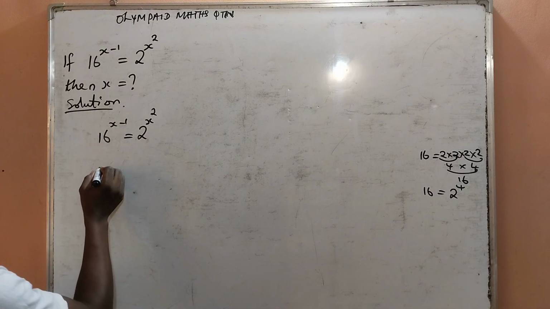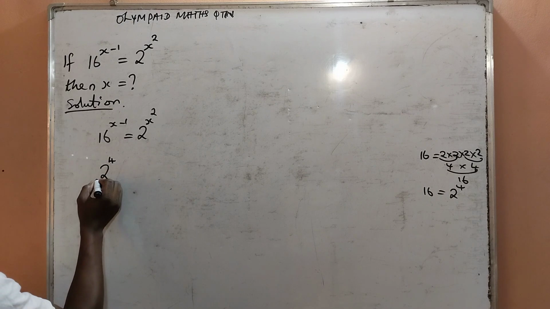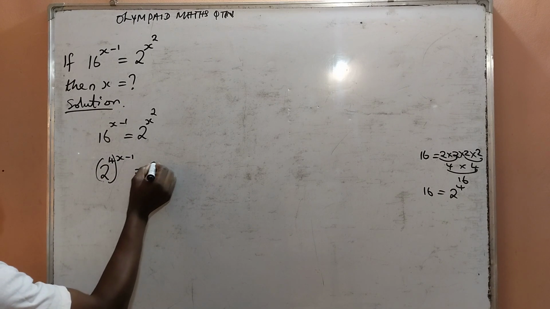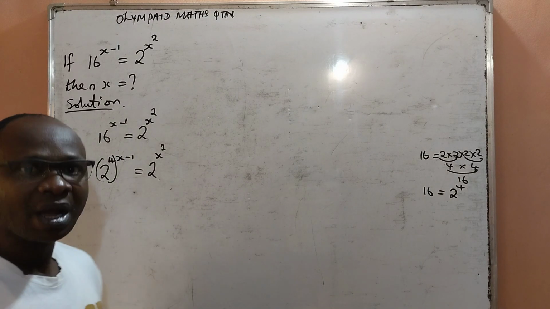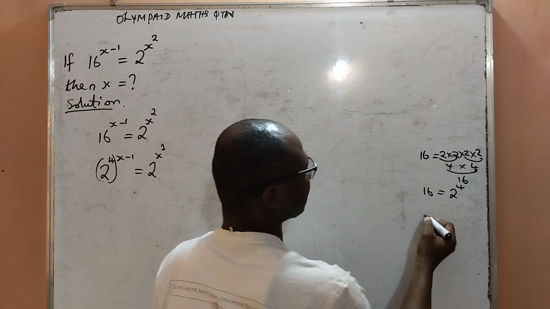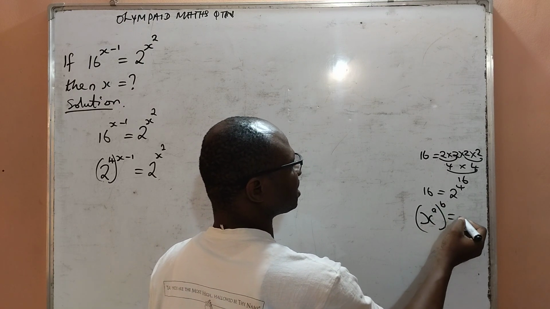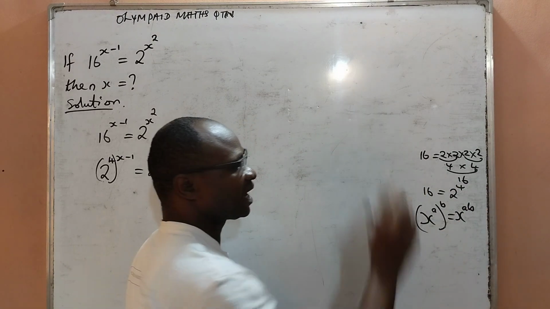I will now come to the left hand side and represent 16 as 2 raised to power 4, then also raised to power x minus 1, equal to 2 raised to power x all to the power of 2. By law of indices, if I have x raised to power a, then raised to power b, it is the same as x raised to power ab, that is a multiply b.